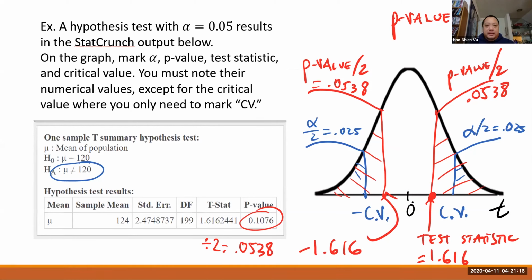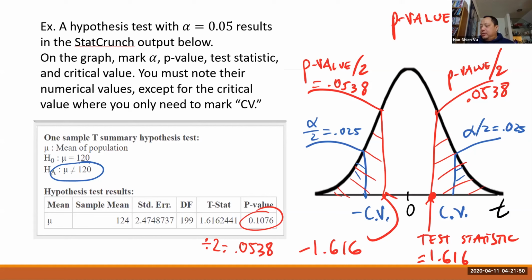So that's the idea. Right after I read the problem, I can write the H0 and HA. I know if the problem is right tail, left tail, or two tail, and then I draw my alpha and critical value. Test statistic and p-value come after I've run StatCrunch, and I put them in afterwards.